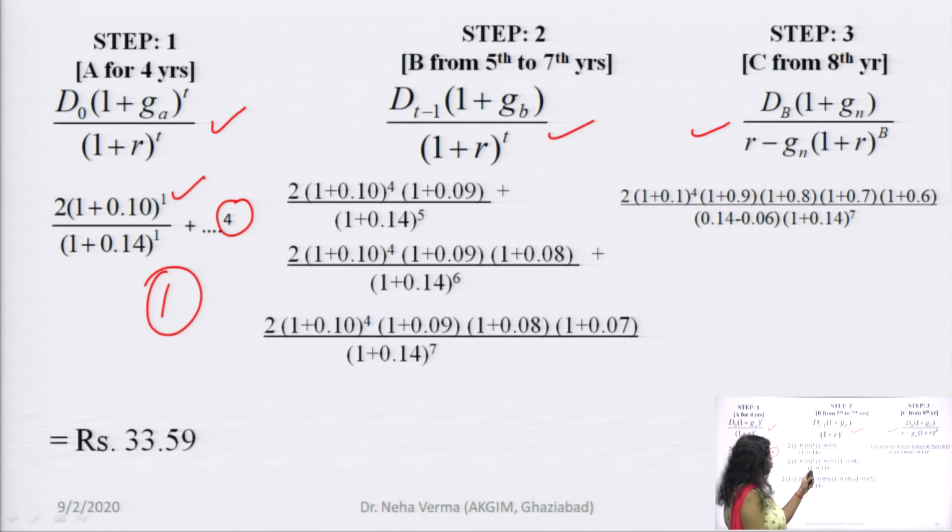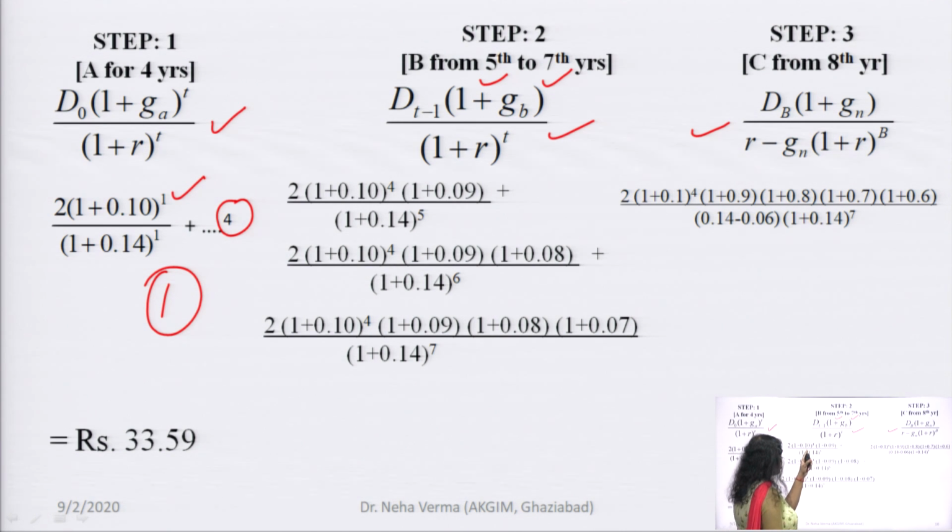Then in stage 2, it will be D(t minus 1) times 1 plus gB divided by 1 plus r. This stage is from the 5th to the 7th year, so the calculation will start from the 5th year and go till 7 years. Here we will first put the values in the variables.